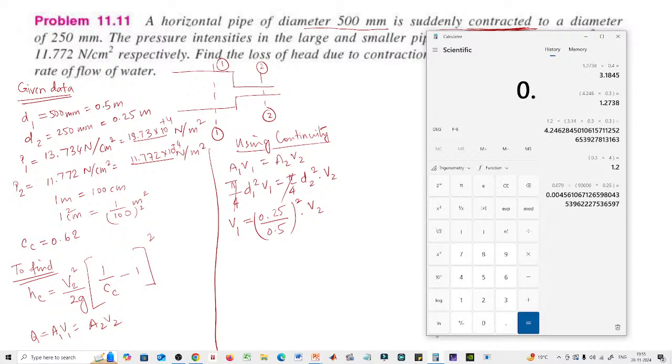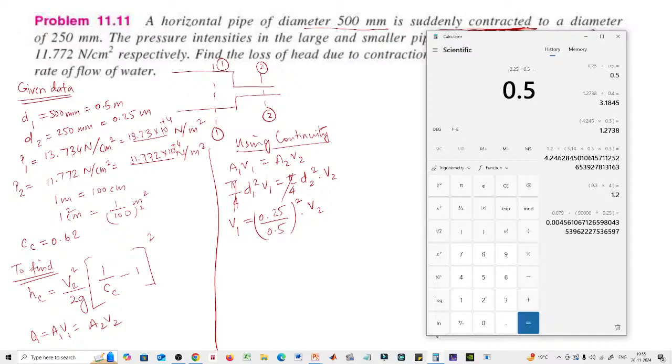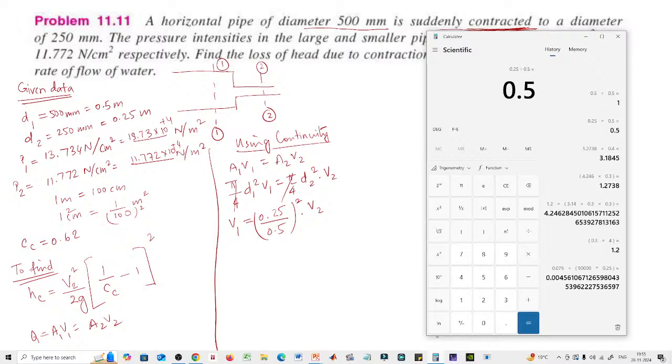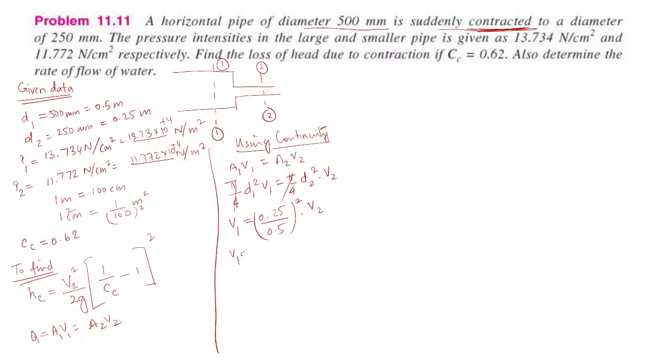How? 0.25 divided by 0.5, I get 0.5 square, 0.25. So V1 is equal to 0.25 of V2. So I can get some relation between V1 and V2, but I don't have an exact solution using continuity.